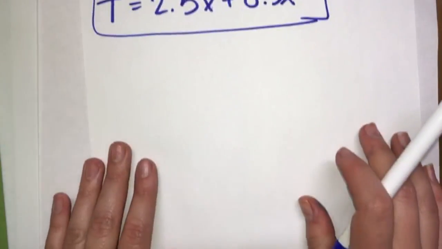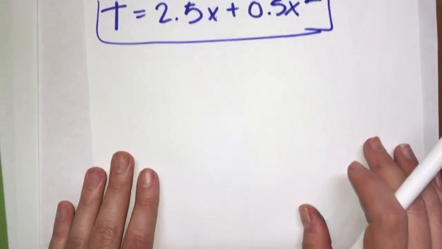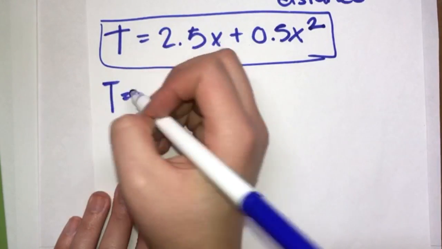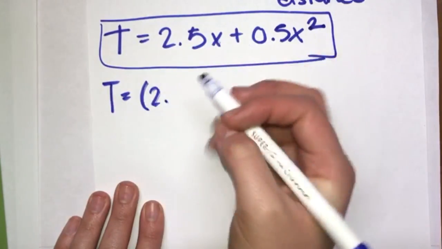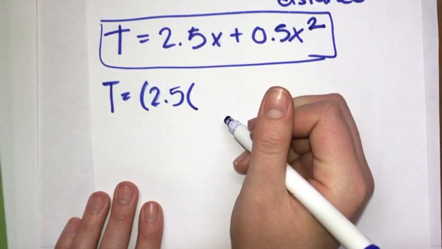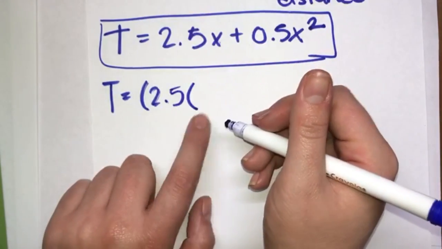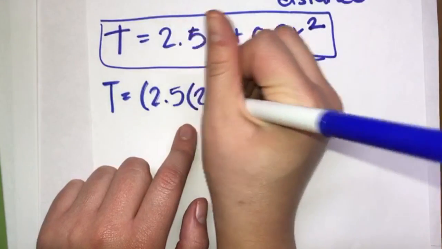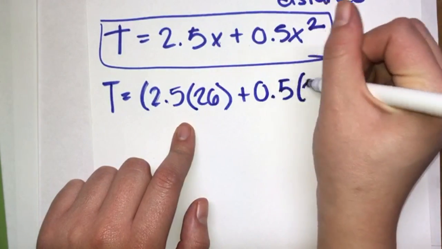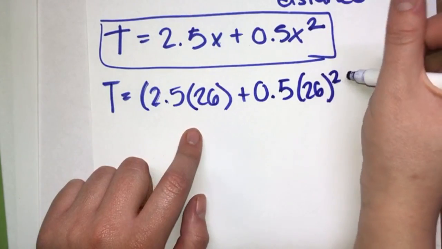So it goes like this. It is t equals 2.5. Then you plug in the x2, that is 25, plus 0.5, 26 to the power of 2.